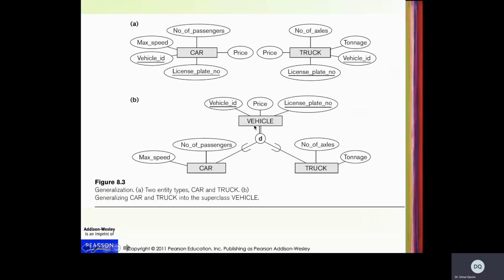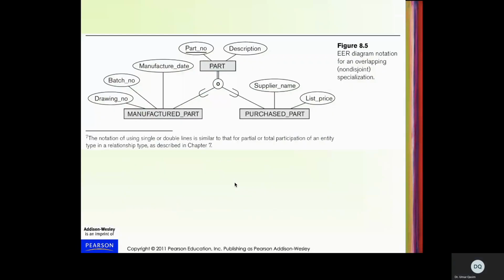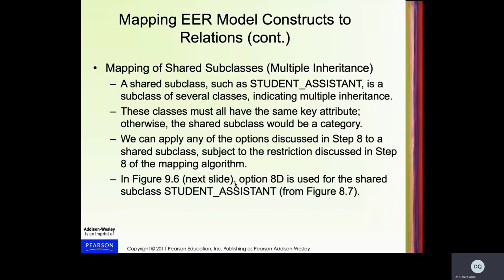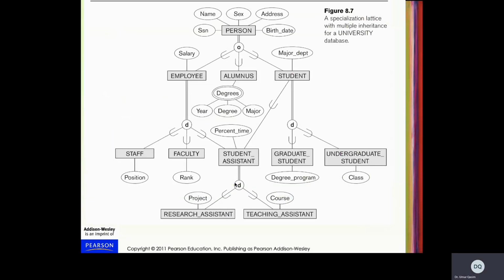So in vehicle, we have vehicle ID, price, license plate number, and in car and truck, we have their own attributes. These examples are there to provide you more details about how specialization or generalization can be used.